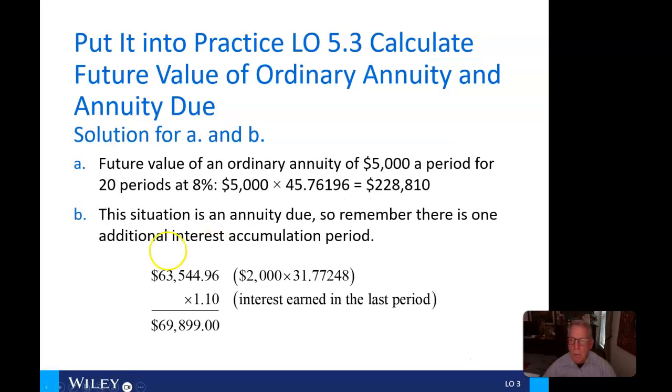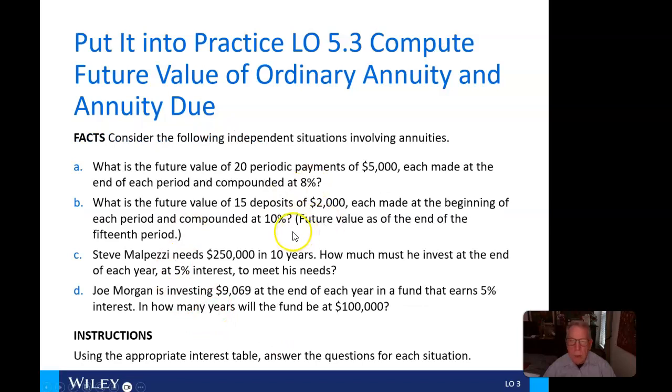So what we do here is we go into the table 5.3, pick off this factor here and multiply it times 2,000 to get $63,544.96. Then we multiply that times an additional 10%. And that gets us to 69,899. And as you can see, that was 10% interest here.